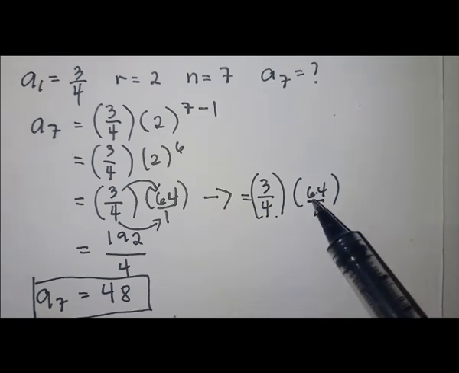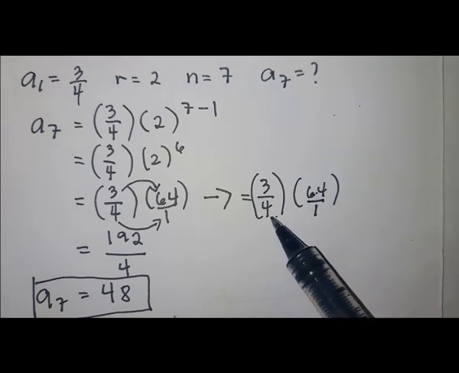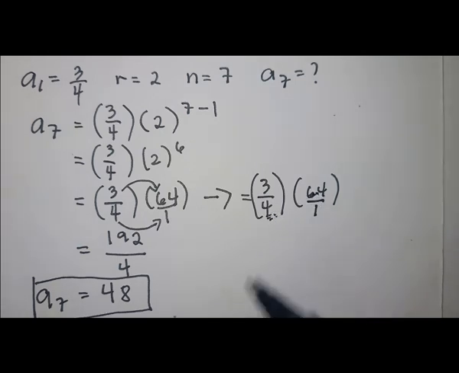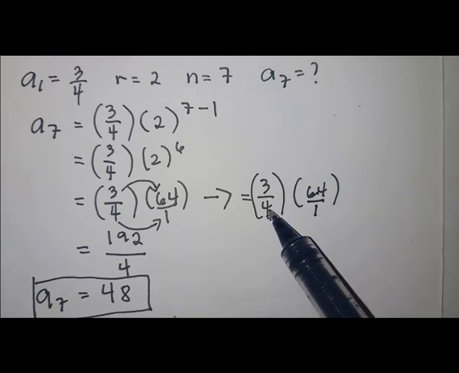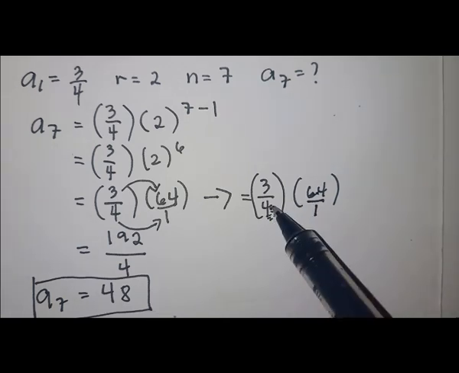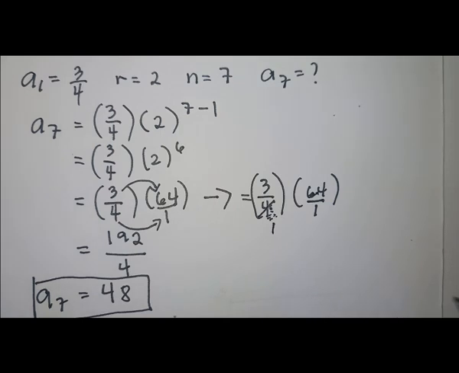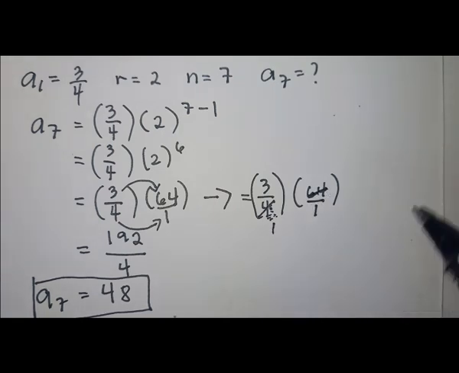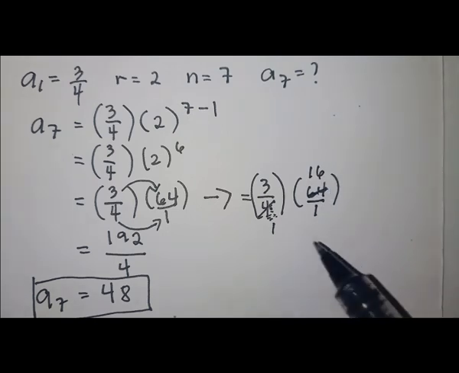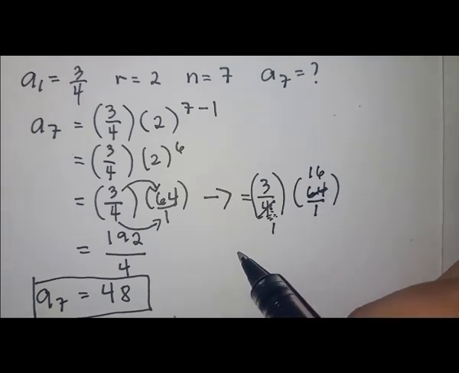So, mapapansin natin yung 64 na nasa numerator at yung 4 na nasa denominator, they are both divisible by 4. Okay? So, kung divisible sila by 4, 4 divided by 4 will be 1. And 64 divided by 4 will give you 16.